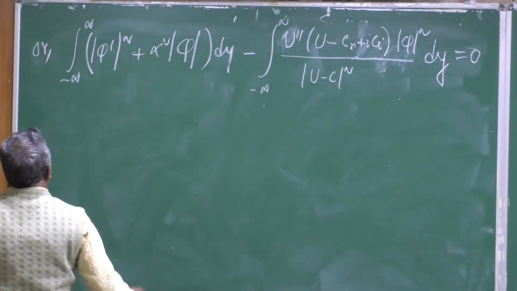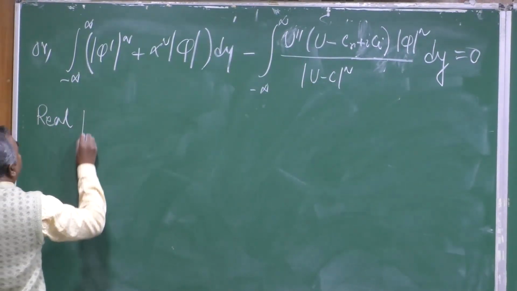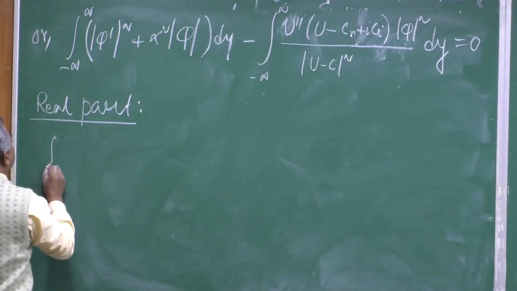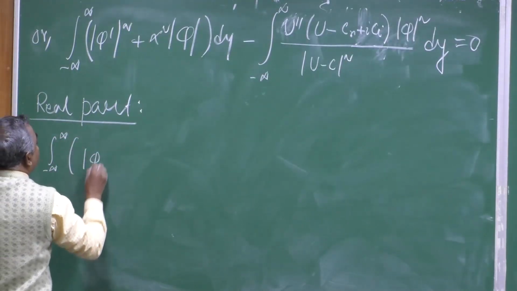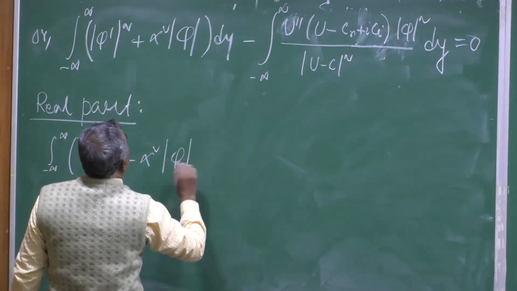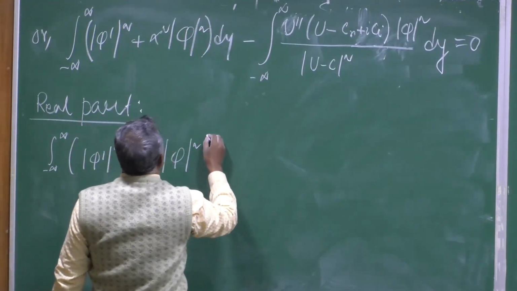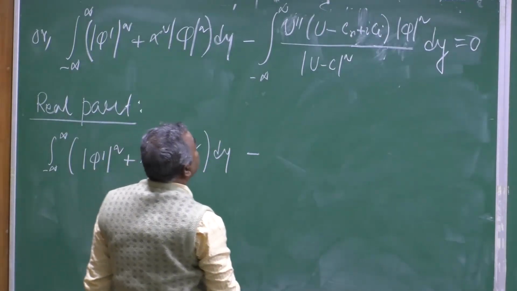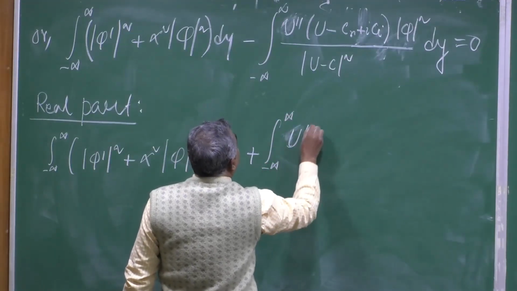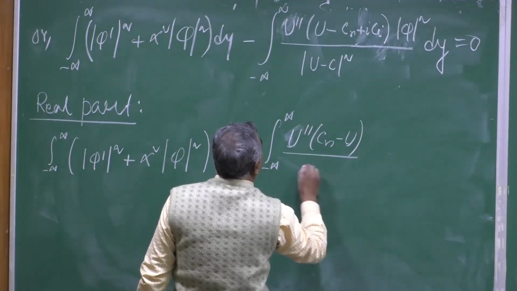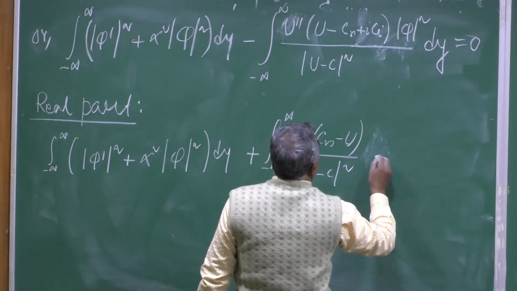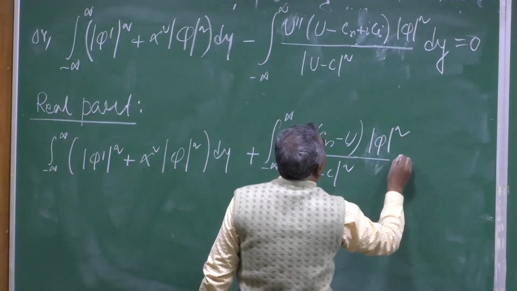If we separate them, the real part is the integral from minus infinity to infinity of phi prime square plus alpha square phi square dy, equal to the integral of u double prime (c r minus u) over u minus c whole square, times phi square dy.